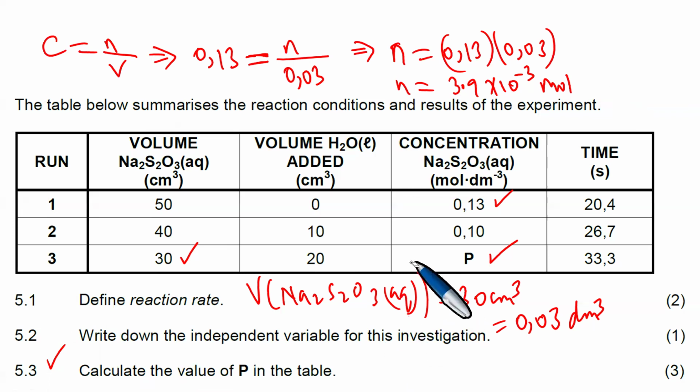So now we are able to see, like in the first run, that the concentration was 0.13, and then we have the number of moles and the volume. At P, the volume was 0.03. That's a good question: why didn't we use 50?